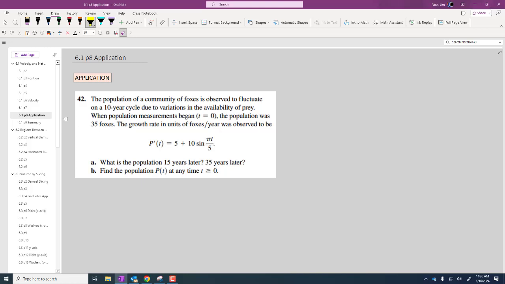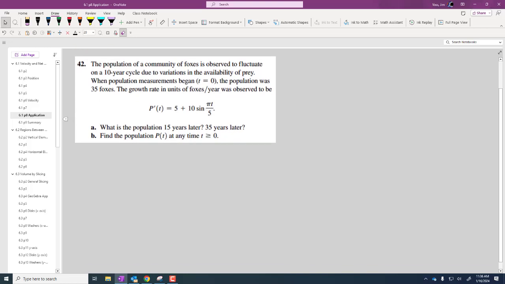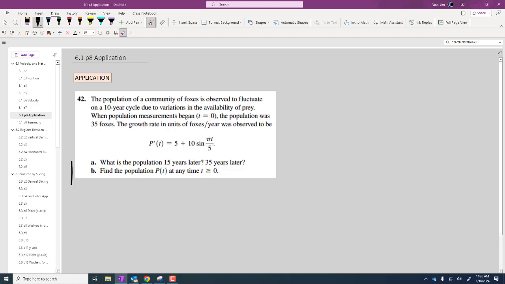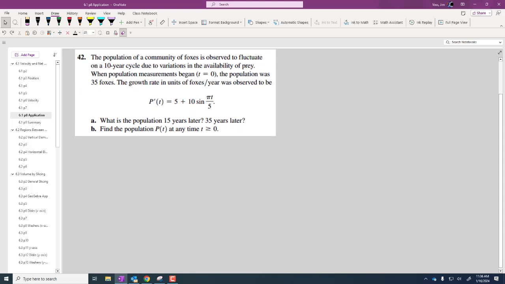All right, let's try one more. So just a general quantity instead of a distance, velocity, acceleration thing, we'll just do a general one. Here we're dealing with foxes, and we've got a population that's fluctuating.